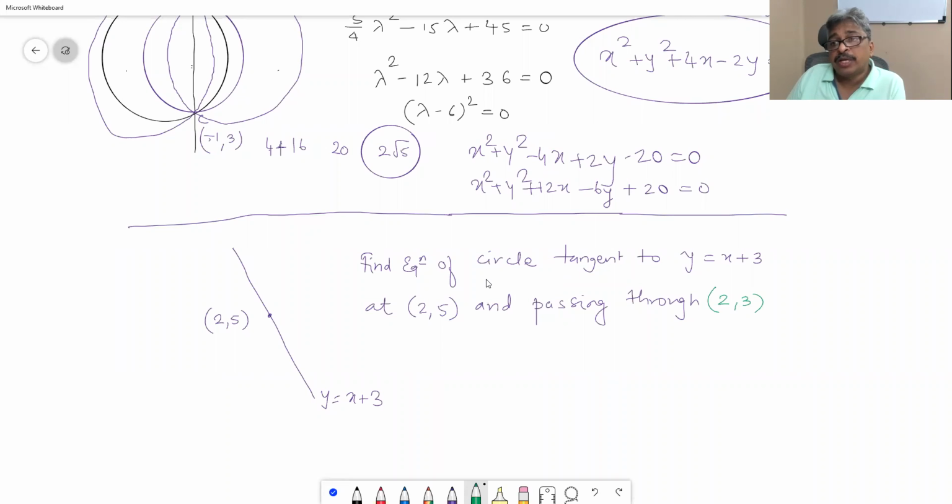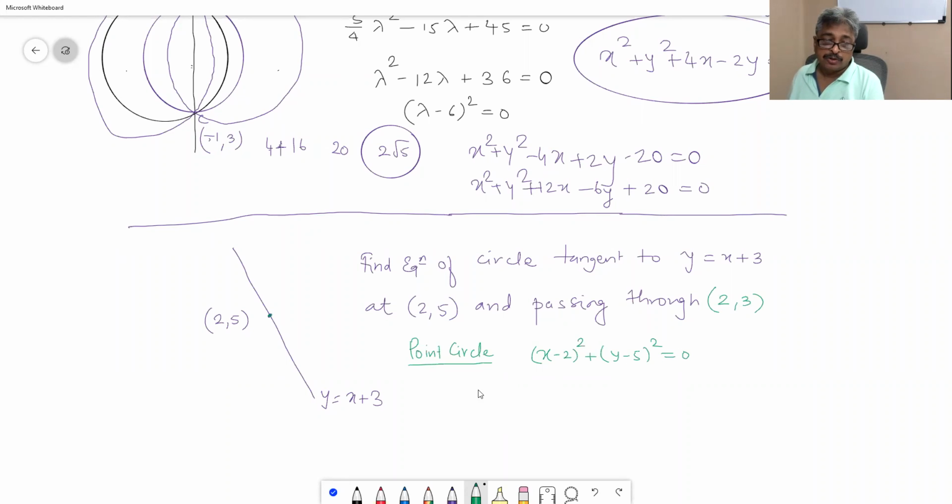However, I would like to do it using S plus lambda L is equal to 0. Now, therefore, you pay attention. This 2 comma 5 is a point. I assume that point as a point circle, a circle with radius 0 and center at 2 comma 5. What will be its equation? x minus 2 whole square plus y minus 5 whole square is equal to 0.